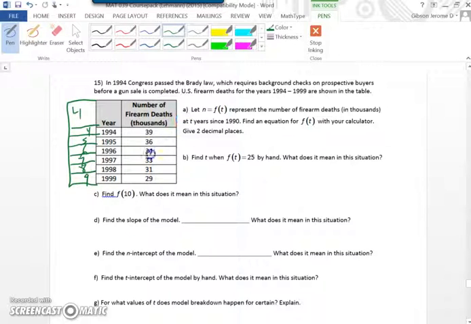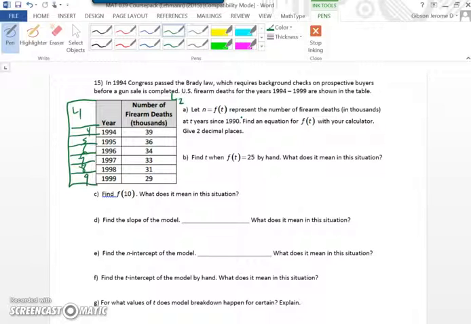This would be your L1. Your L2 will be the number of firearm deaths, which is listed here. Now they want you to find the equation, and we go through the exact same steps we went through before.